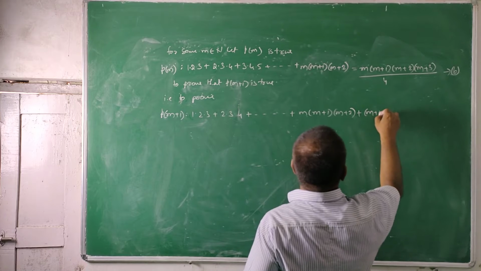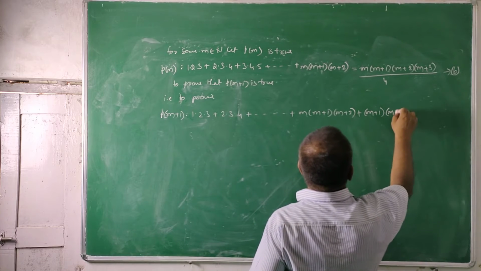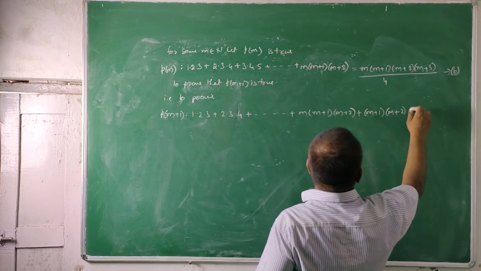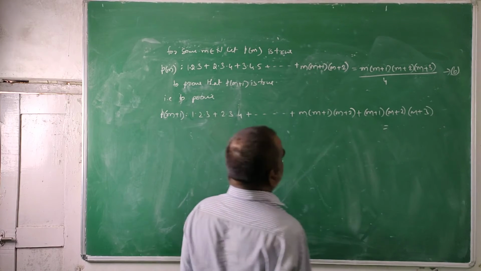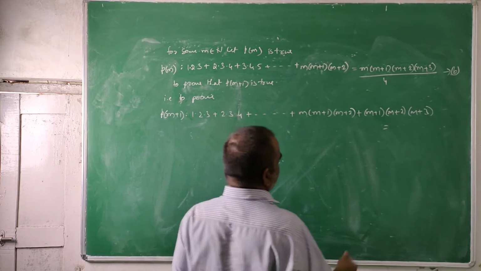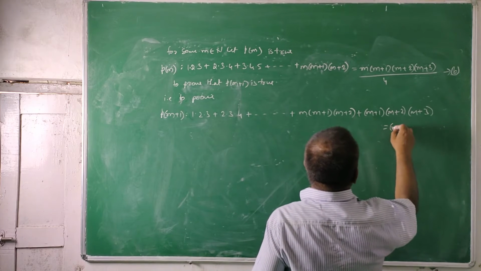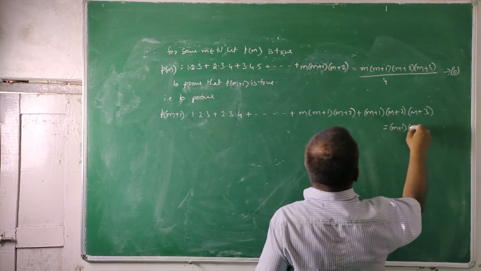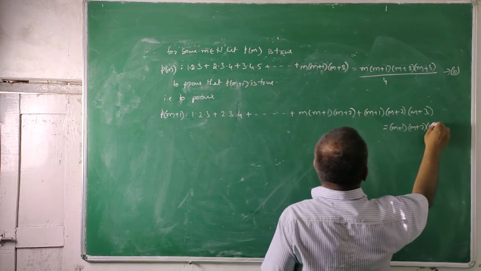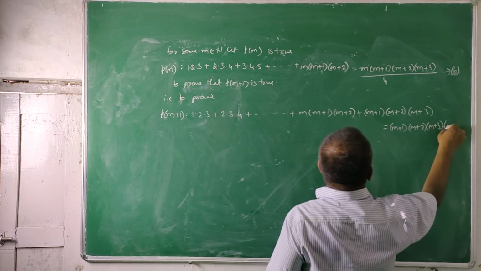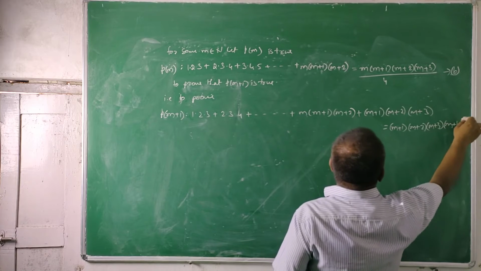So m plus 1, m plus 1 plus 1, m plus 2, m plus 1 plus 2. On the other side also, m has to be replaced with m plus 1. So you get m plus 1 into m plus 1 plus 1, m plus 2, m plus 1 plus 2, m plus 3, m plus 1 plus 3 which is m plus 4.